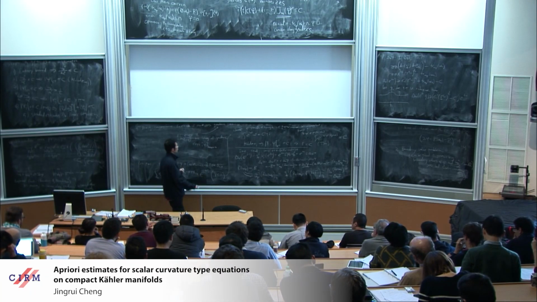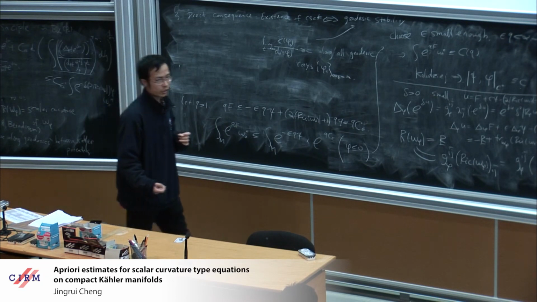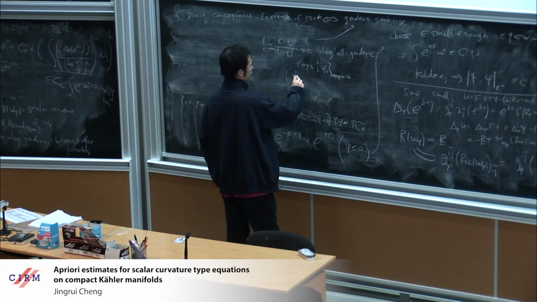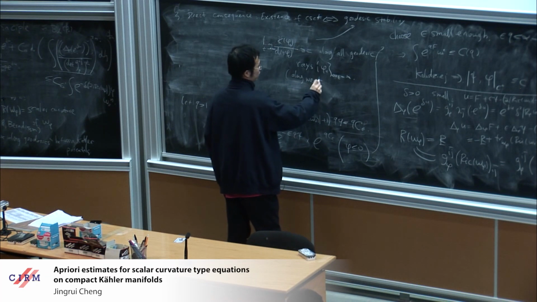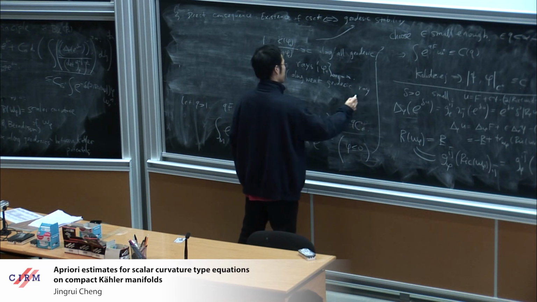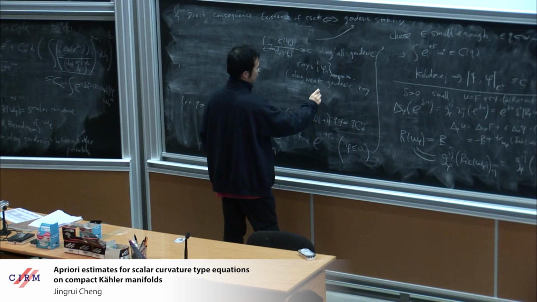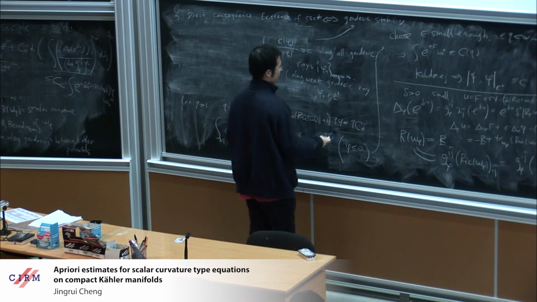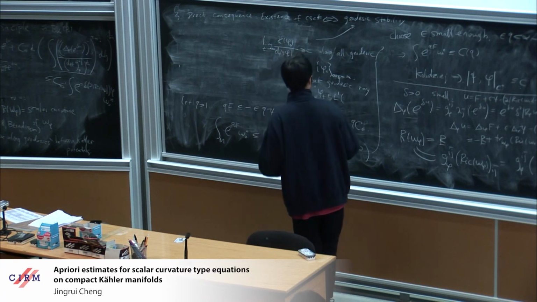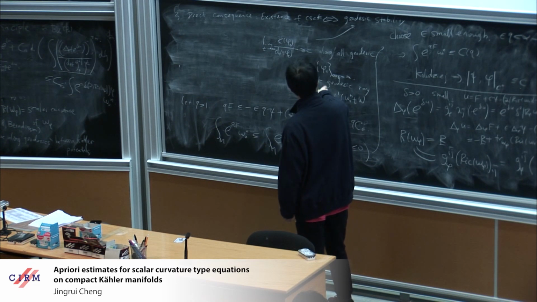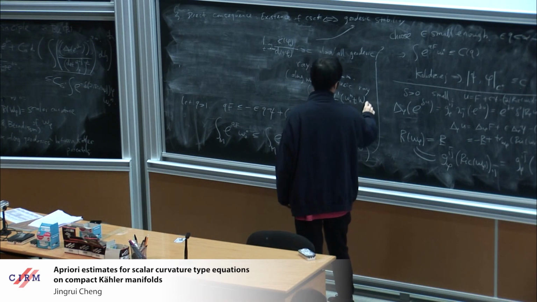So along a weak geodesic ray, phi of t is only in L1, and precisely, L1 has to be in terms of the background volume and also the volume defined by the Kähler potential.